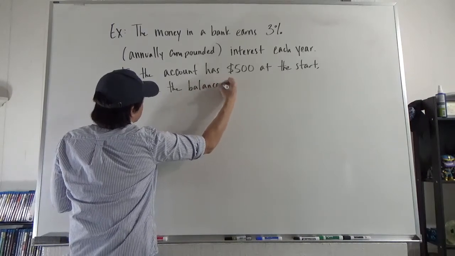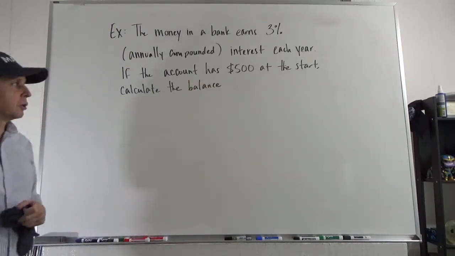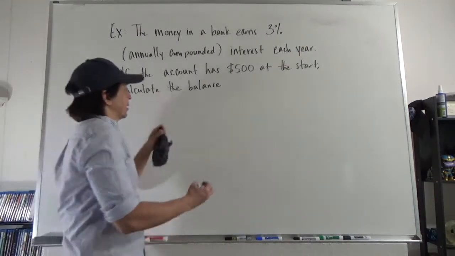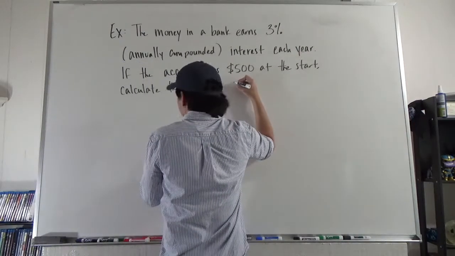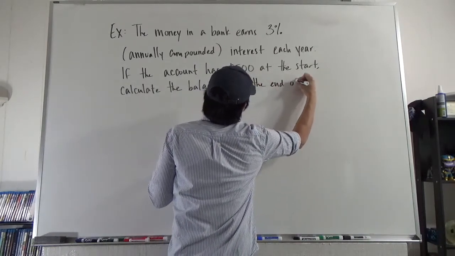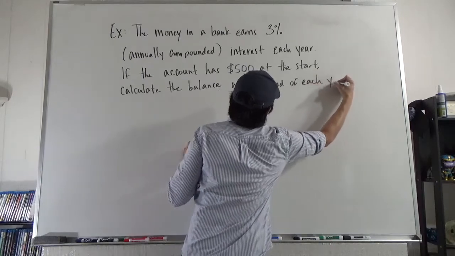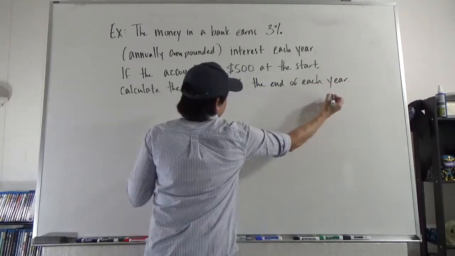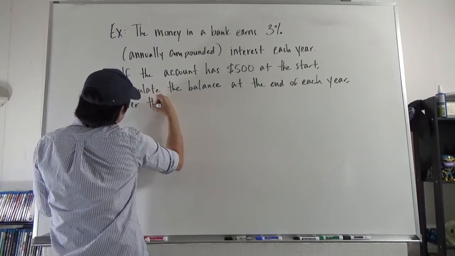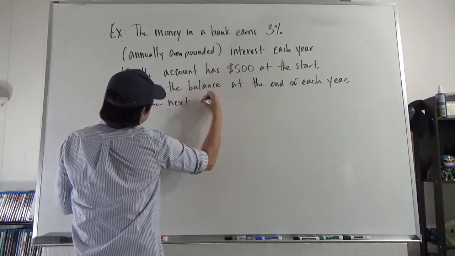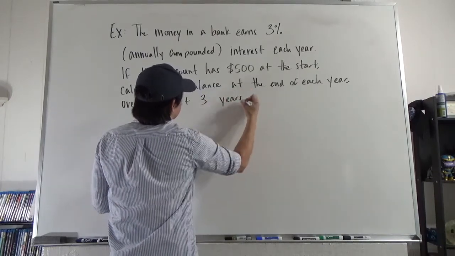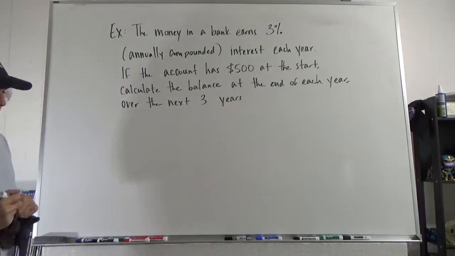When you check your account balance, you're checking how much money is in there, and it'll increase based on this interest being added to it. Calculate the balance at the end of each year, over the next 3 years.